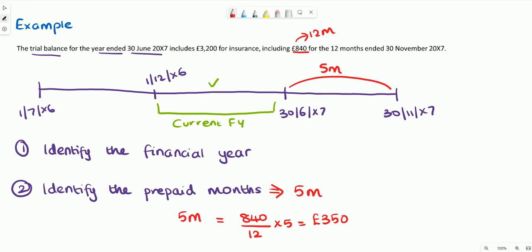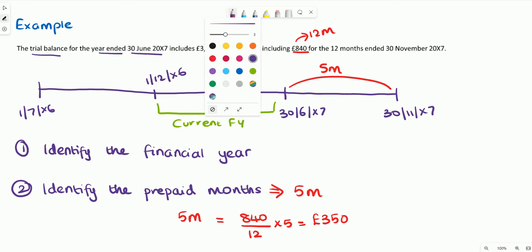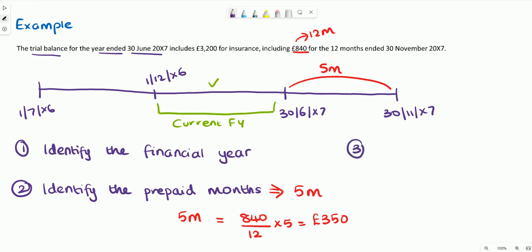Therefore, the third part, working out the expense for the year, will have to be reduced. So it will have to be the 3,200 minus the 350 pounds.